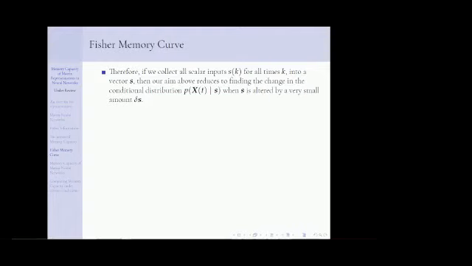So when we constructed our very long vector boldface S, it is the vector of all scalar inputs seen in the previous line.